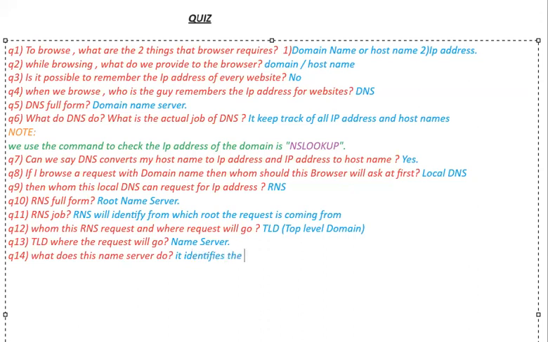Let's assume it identified my domain name. Now from the name server, where will the request go to get the IP address?